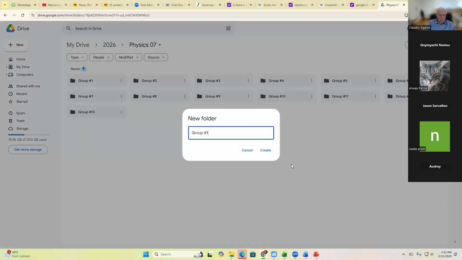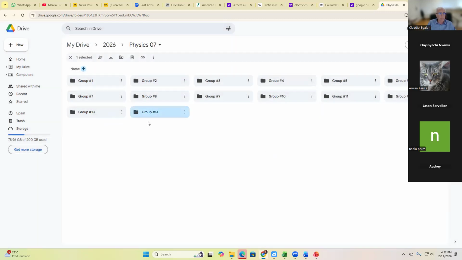Your Excel spreadsheet is going to be available in this group folder of yours. And then once you are done working with the spreadsheet, you upload the work to your group folder. Okay, that's how we do it. I tried to do that in Canvas and it didn't work.